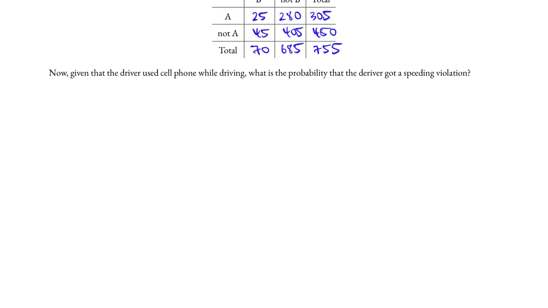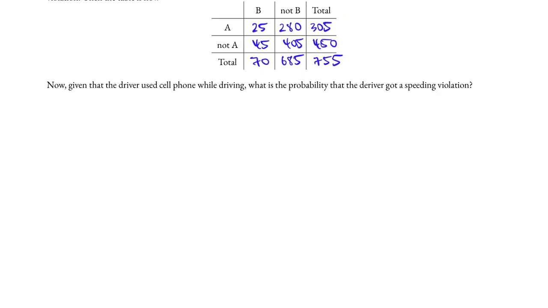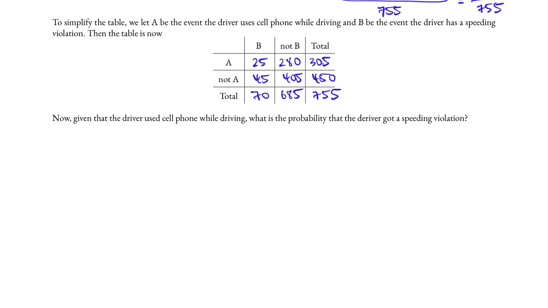Now, we're interested in the new type of probability. Given that the driver used cell phone while driving, meaning given that the event A occurs, remember A is the event that the driver used cell phone, what is the probability that the driver got a speeding violation?